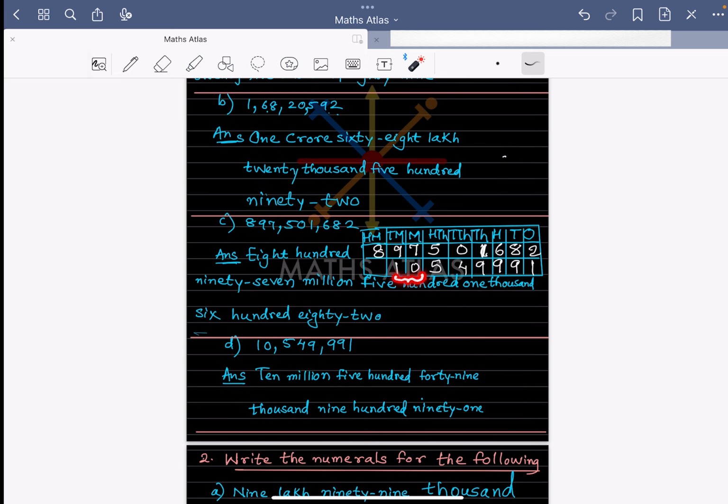That says 10 million. Now let us look at the thousands. That is 549. And then this is 991. So how is it? 10,549,991. So you must have seen how the table helps us to write in words easily. This table is very helpful.